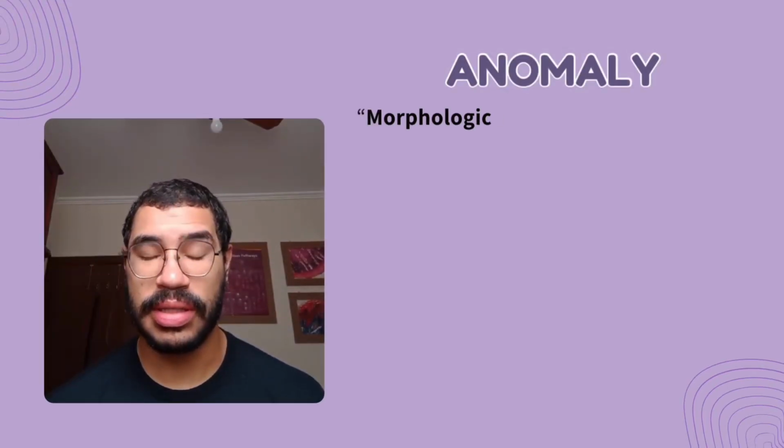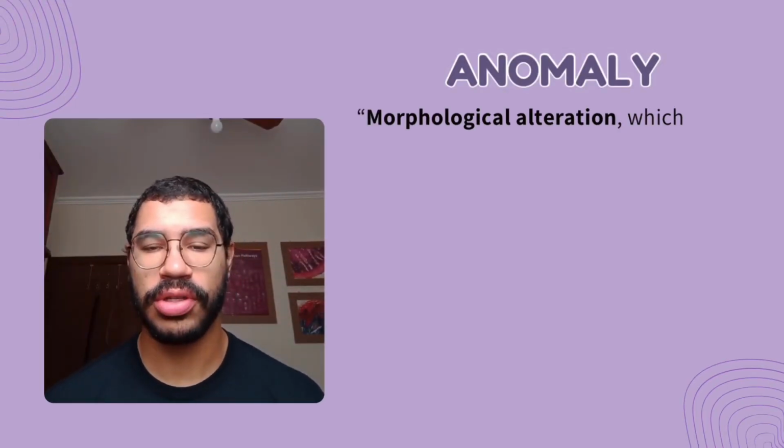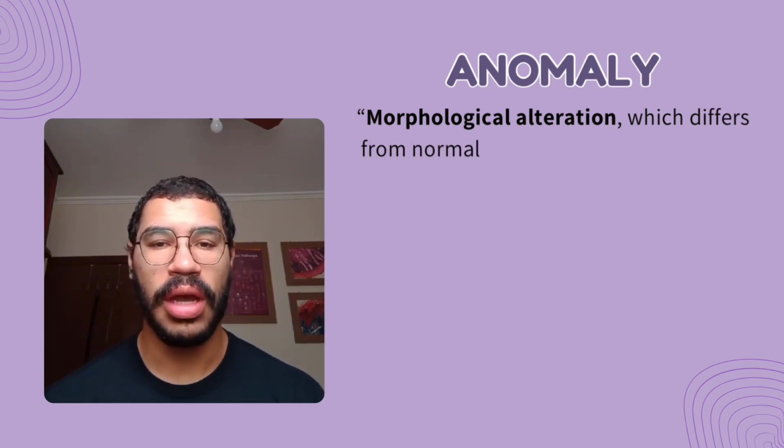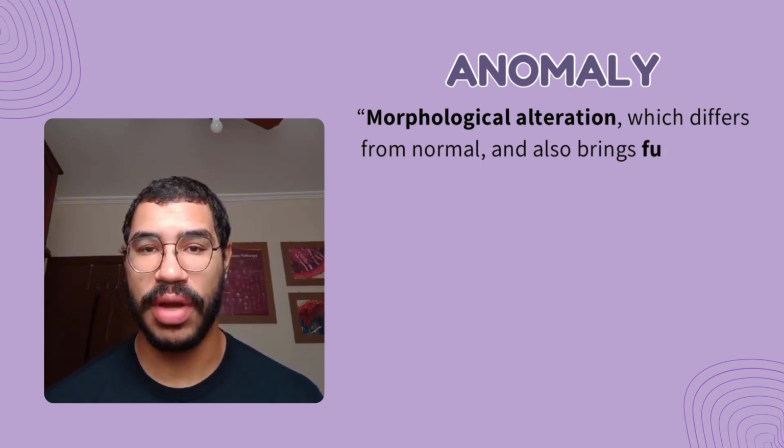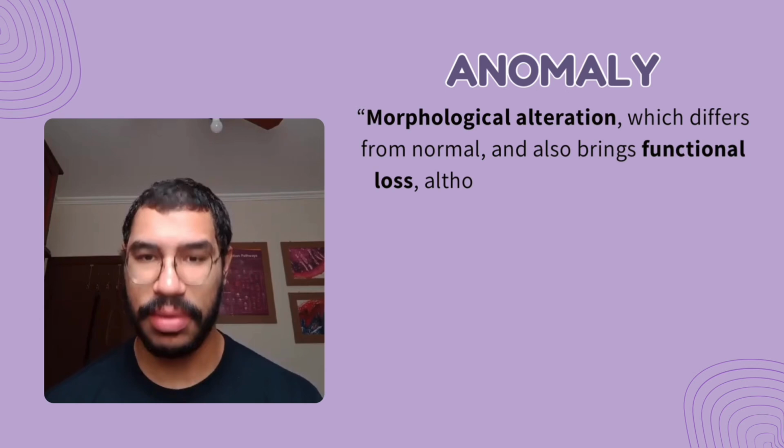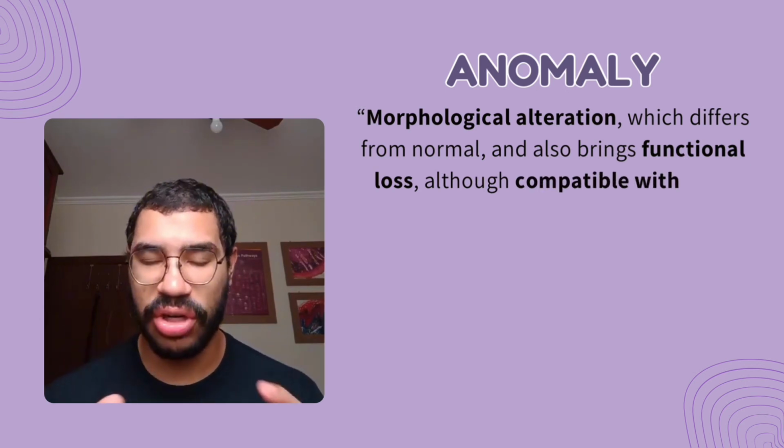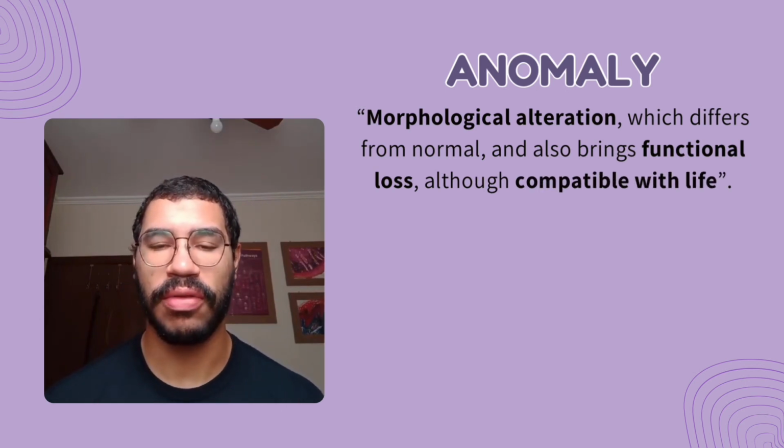And if we have the concept of normality, we also have the concept of anomaly, correct? The so-called anomaly is when something is slightly different from what is considered normal, and functional loss is also expected. So now there is a variation and also a loss of function.